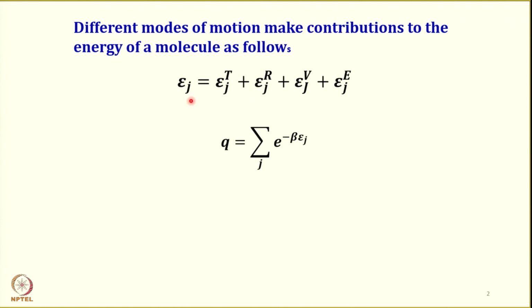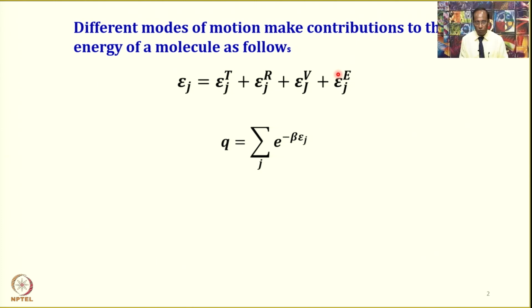For any jth state, the energy of a molecule is equal to the energy in the jth state due to translational contribution, plus the energy due to rotational contribution, energy due to vibrational contribution, energy due to electronic contribution, and if there is any other type of contribution that can also be accounted for.